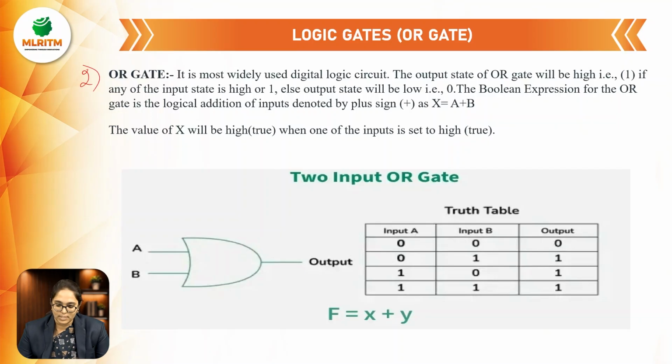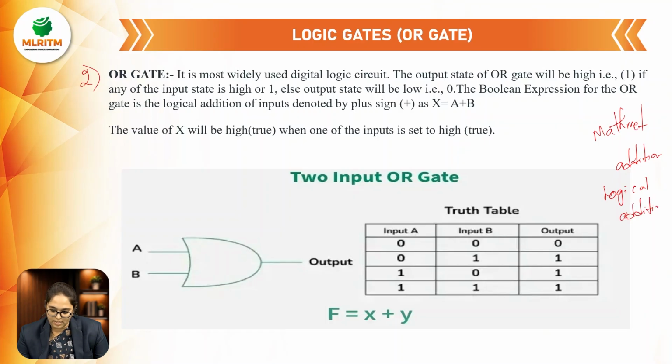Here it performs addition, or you can call it logical addition, that is A plus B, and X is the result. In the OR gate, if both input values are 0, or low, then the result is equal to 0. If any of the inputs is 1, then the result is also 1.